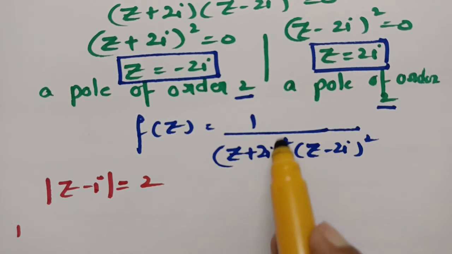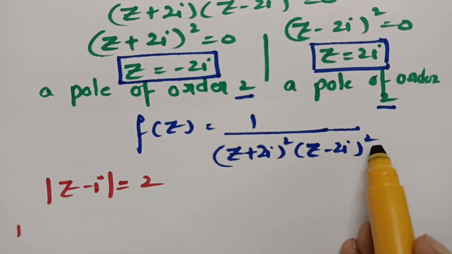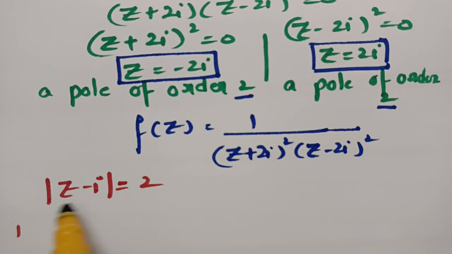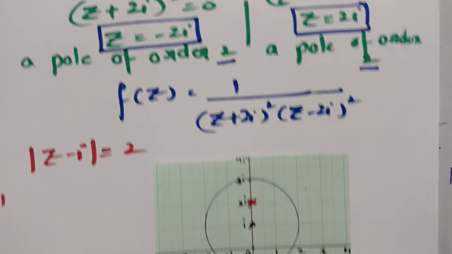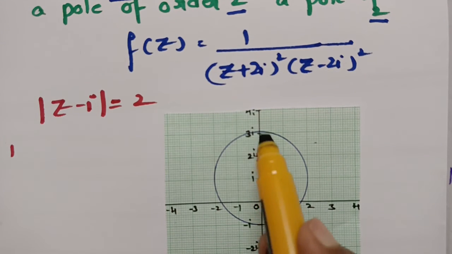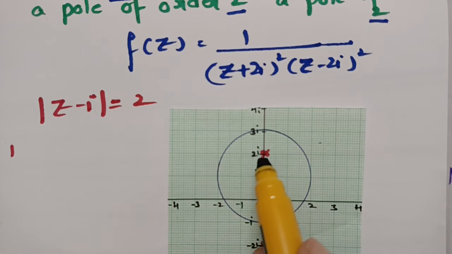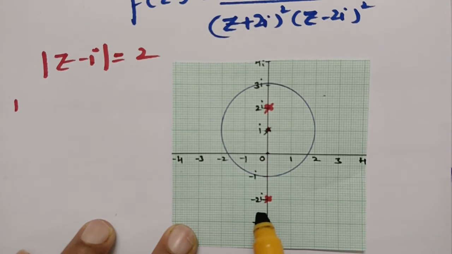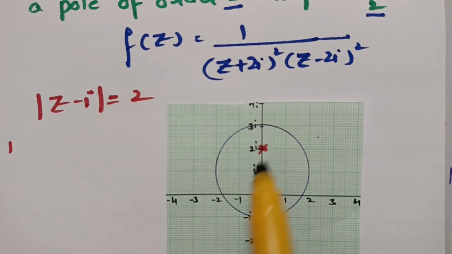So f of z can be written as 1 by (z plus 2i) square into (z minus 2i) square. Here the condition given is the circle mod z minus i is equal to 2, which is nothing but a circle with center i and radius 2. So we have to take 2 as the radius, and if you draw a circle like this, plus 2i is within the circle and minus 2i is outside the circle. So we have to neglect this one and calculate the residue at the pole 2i.